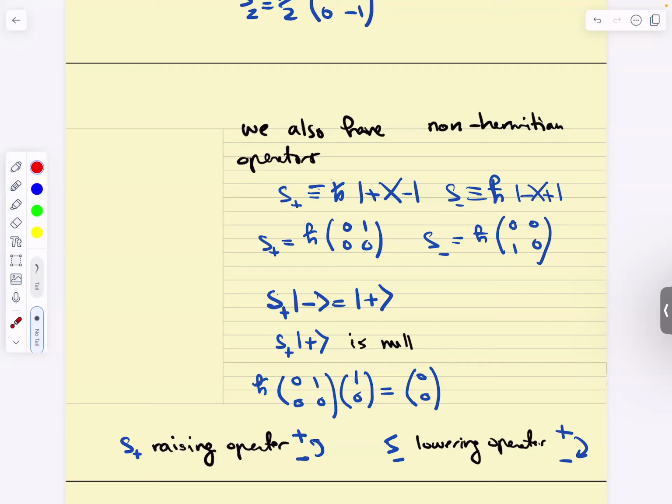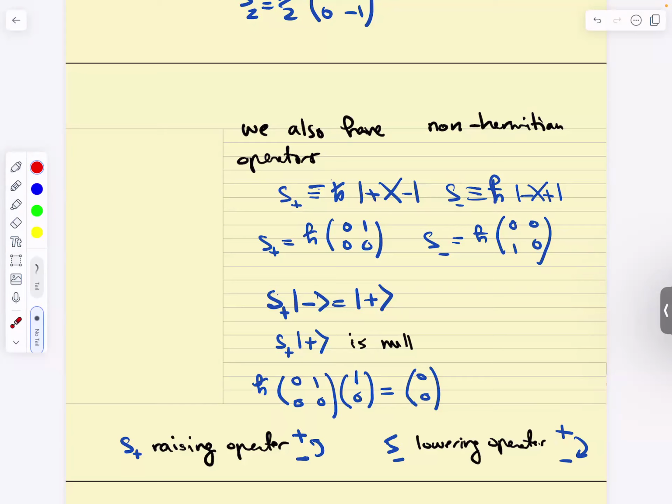They are not equal to their adjoint, not equal to their dagger. So an example would be h bar ket plus bra minus, which we're going to call S plus as an operator. It's not an observable. Or S minus as h bar ket minus bra plus.